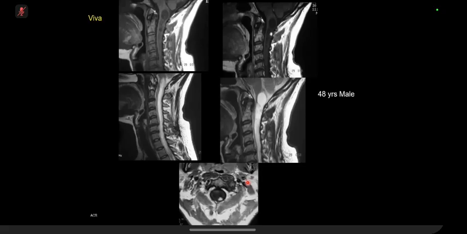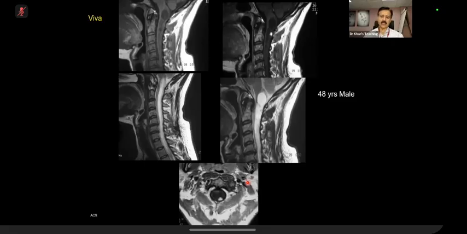It's relatively central. The nidus is eccentric. Conclusion? Thinking this is most likely to represent a hemangioblastoma. A hemangioblastoma of the cord.